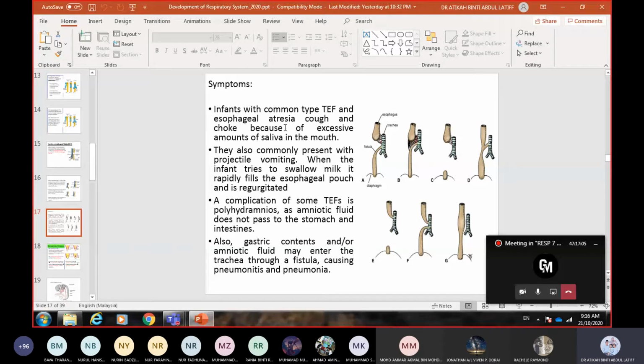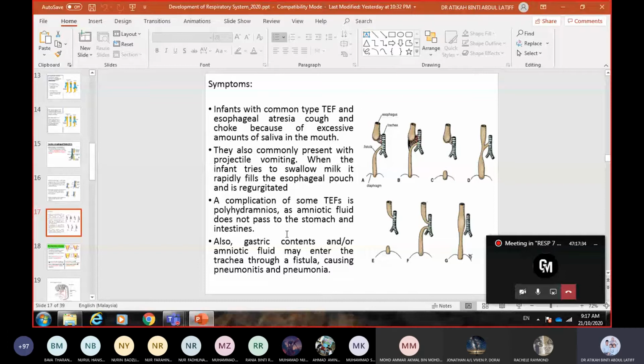And polyhydramnios is a condition inside the uterus itself during development, when they cannot swallow the amniotic fluid. That will cause polyhydramnios, so too much amniotic fluid in the uterus. So the problems can happen either during development or after birth.